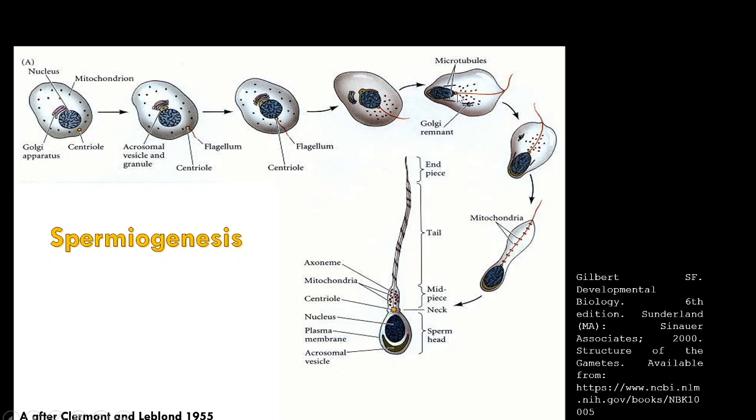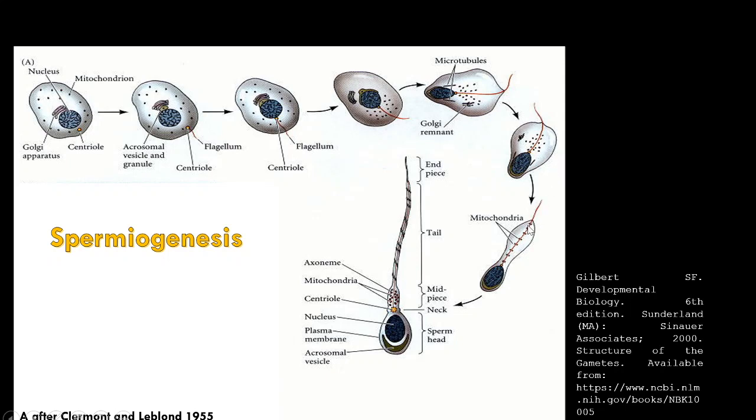Here you can see the nucleus has moved towards one edge and there is assembly of microtubules around the middle part. Ultimately, the cell has undergone elongation. Here is the acrosome, here is the nucleus. The microtubular assembly is there, which forms the tail or the flagellum or the axoneme.